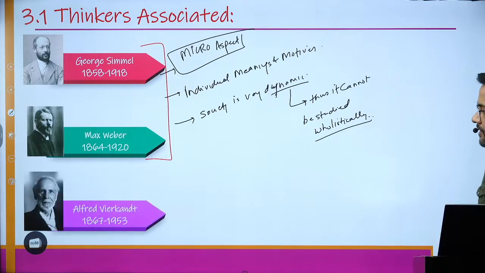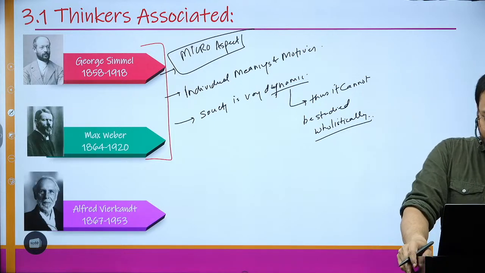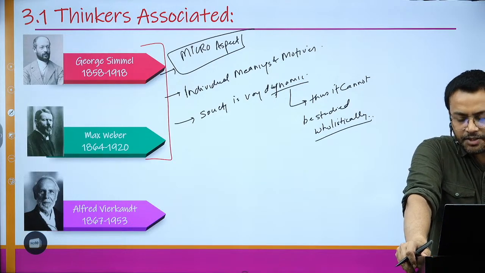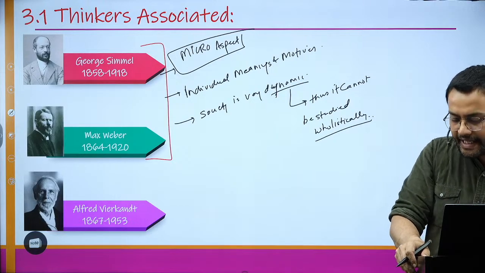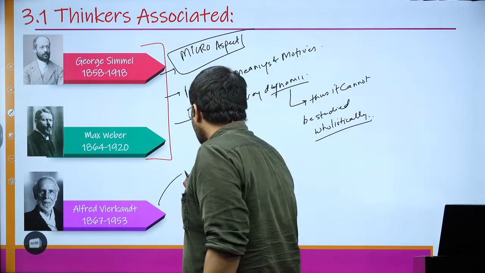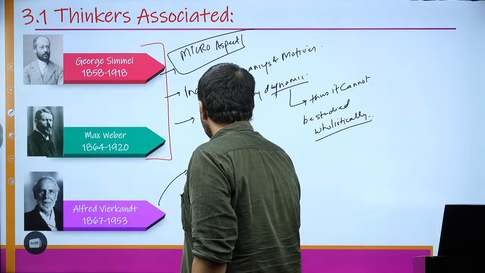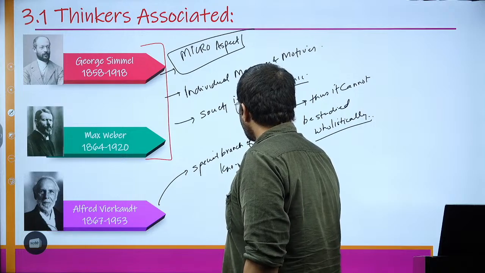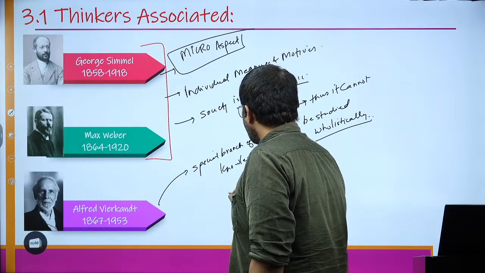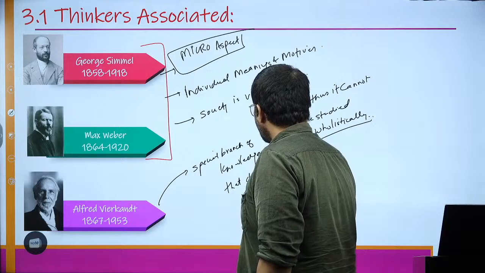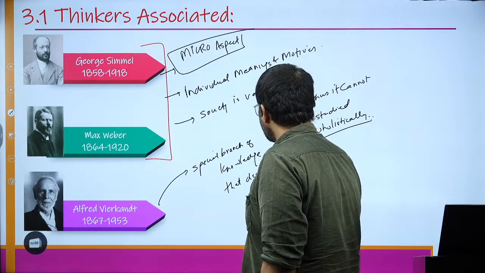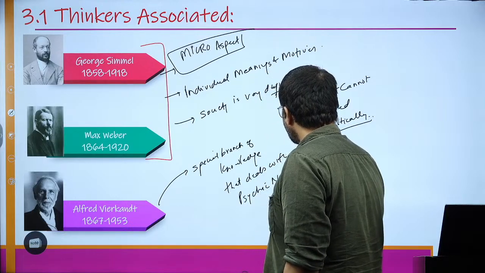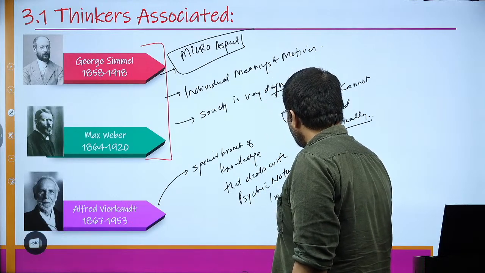Then we talk about Alfred Vierkandt. See, what he says is that sociology is a special branch of knowledge that deals with the psychic nature of individuals.